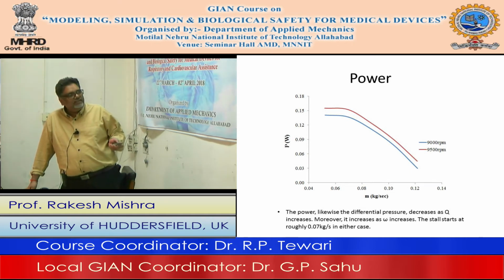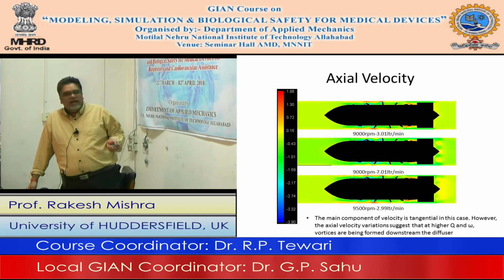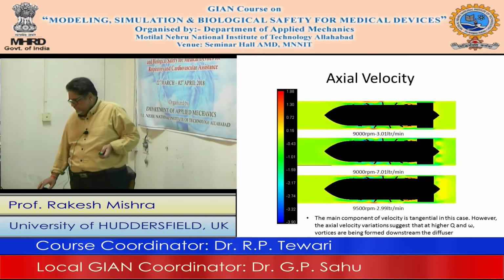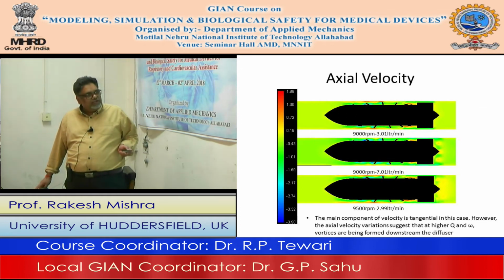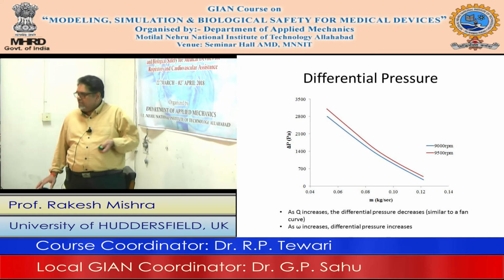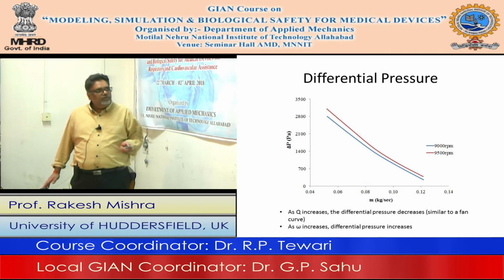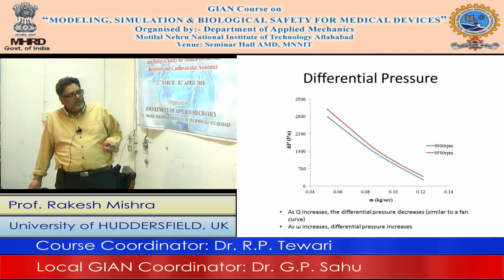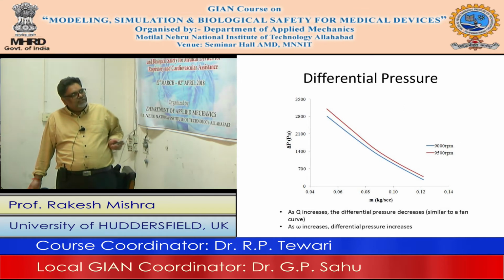So as the flow rate increases, the pressure difference becomes smaller, and this is the same as this figure. As the flow rate is higher, the pressure rise is smaller, isn't it? Now the third one: if I take this and this, the difference is slightly higher in this case, whereas on this side it is almost identical.